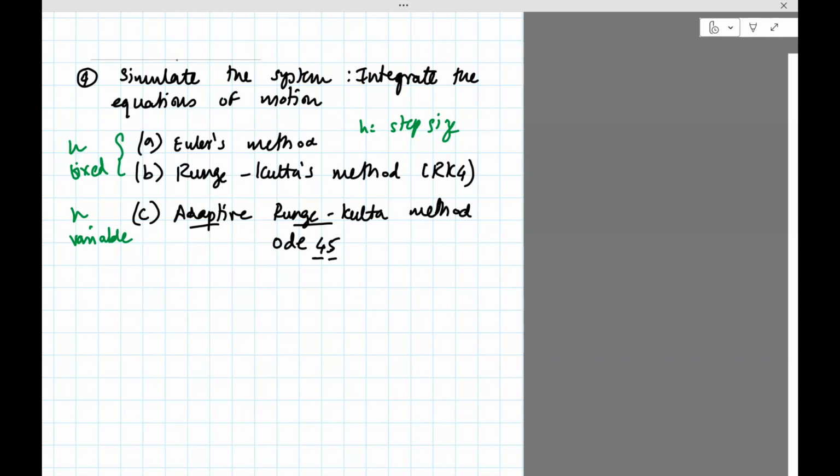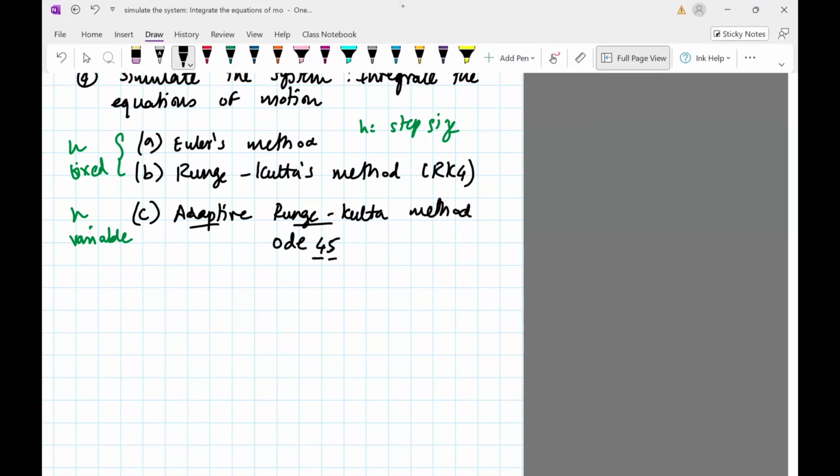And that way, sometimes it tries to march twice the step size, and that way you can get the integration to go much faster. We'll not be writing the code. That itself is like, you could teach a course in exactly that, all the methods to do. In fact, I'm teaching a course called numerical methods, which covers some of the things related to these integration methods and so on.